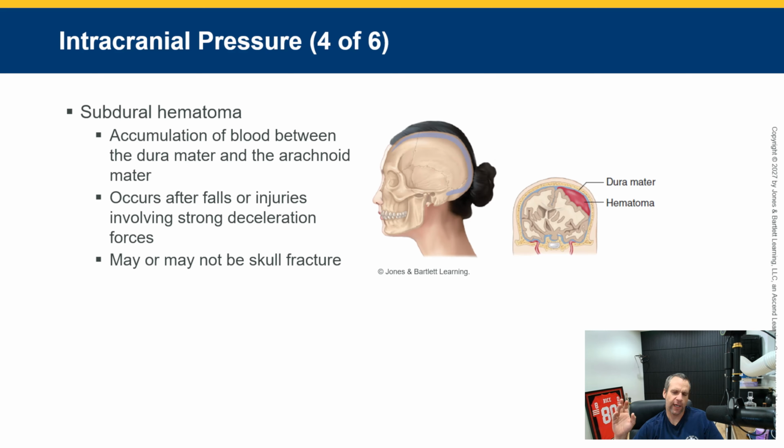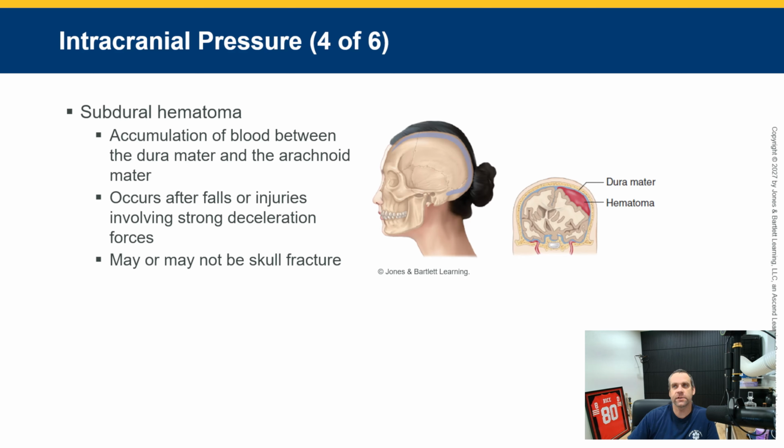Because the bleed here is typically a venous bleed, symptoms are going to be a little more gradual than they were for the epidural hematoma, which was more of an arterial bleed. The patient may experience a headache, maybe some slurred speech, confusion, and drowsiness starting, and then their consciousness is going to decrease over time.